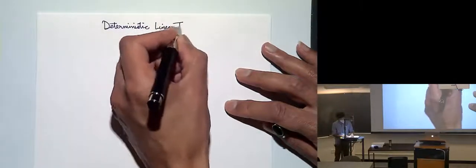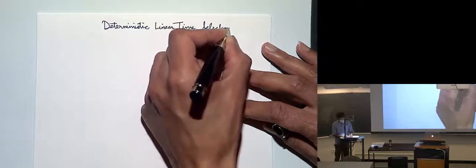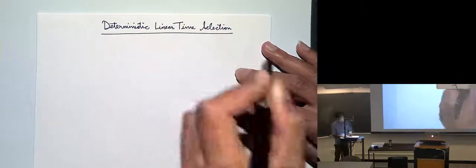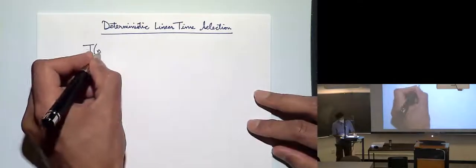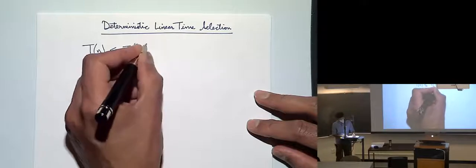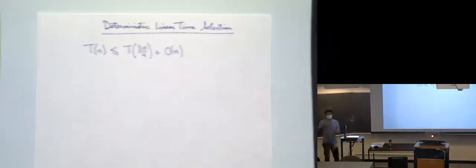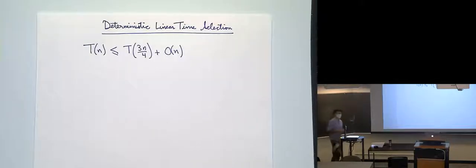linear time selection. Okay, so deterministic linear time selection, same problem. So what's the idea? The idea is you want to get something that looks like this. That's the recurrence you want to get. You'd like to make one recursive call to an array that's smaller.